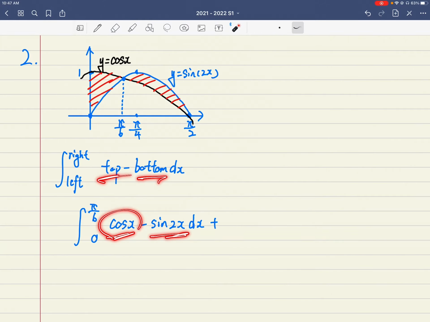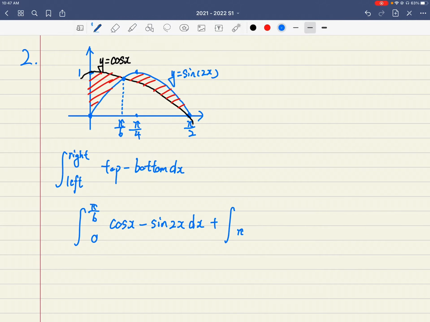It's always top minus bottom. Plus, from this point all the way to half pi, sine 2x is on the top and cosine x is on the bottom. So it's the integral of sine 2x minus cosine x dx.